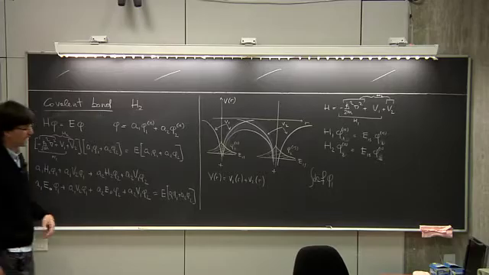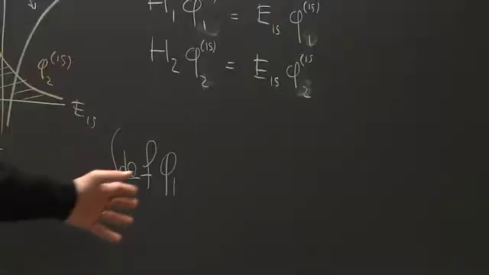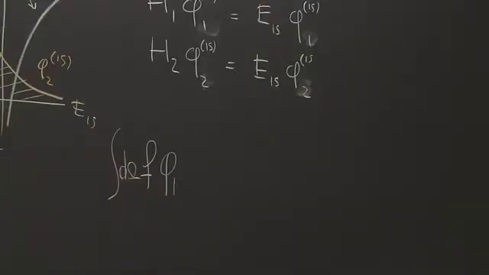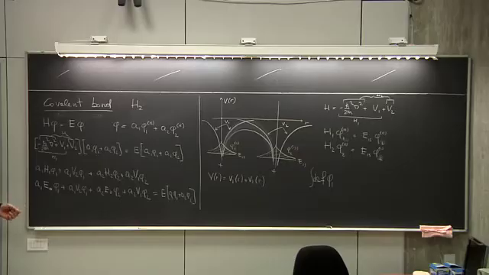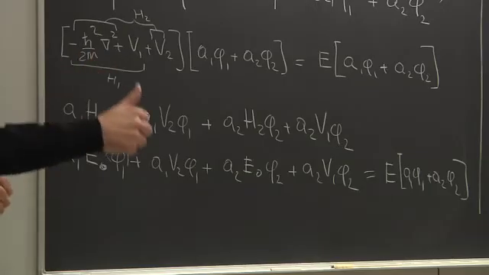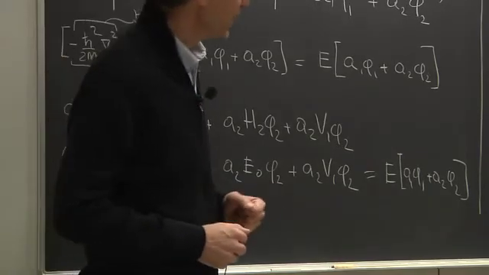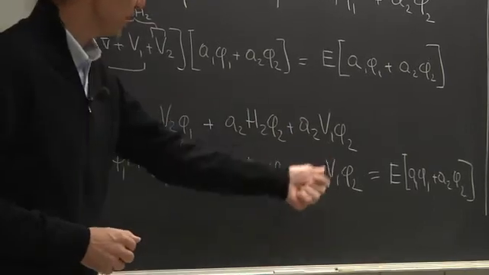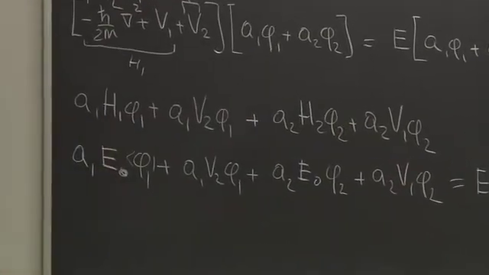I simply don't like to write it in terms of brackets. Otherwise, I could express this as a bra, and projection onto phi 1 means that I'm taking this and projecting it onto phi 1 or phi 2.